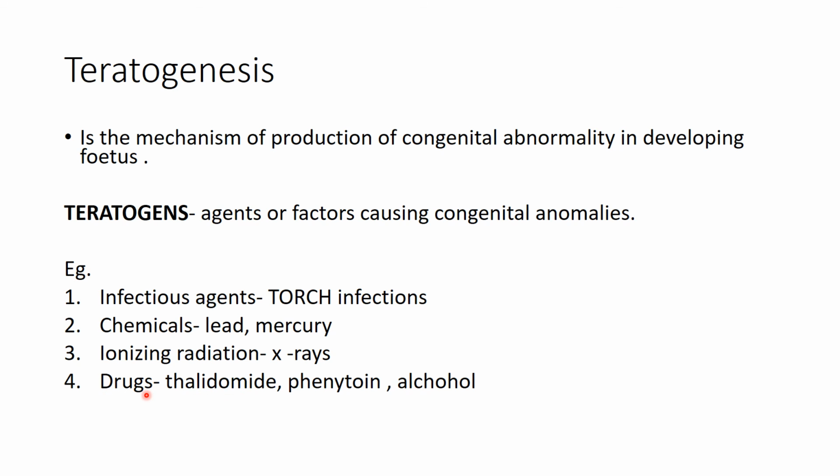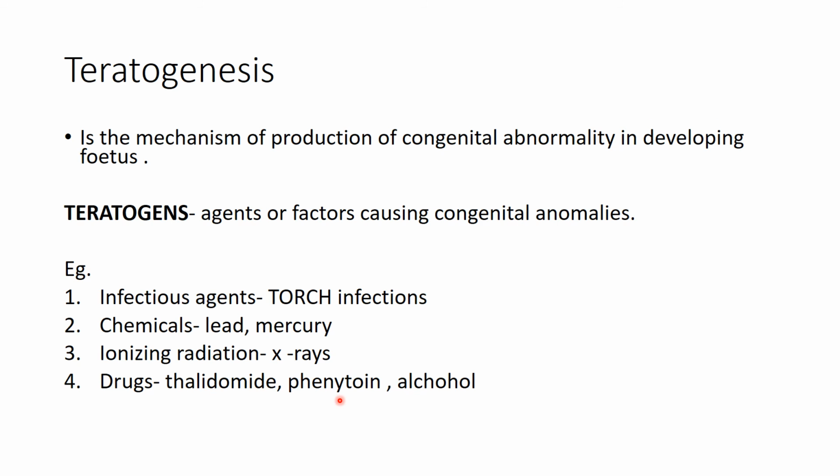Some drugs may be taken during pregnancy, like if the female has excess vomiting, nausea, or if she is epileptic and unknowingly takes some tablets. For example, thalidomide, which is taken as a drug for reducing nausea, can cause congenital anomaly.